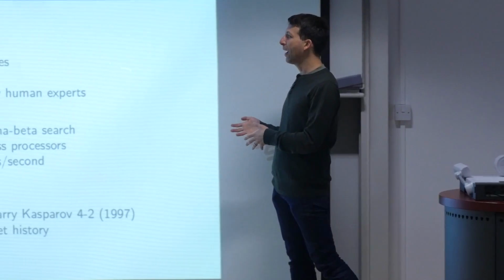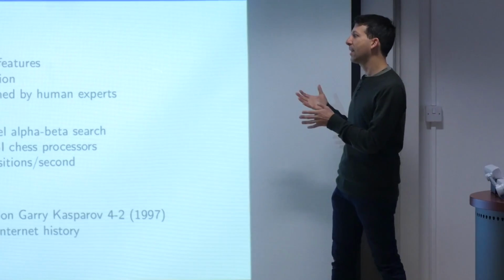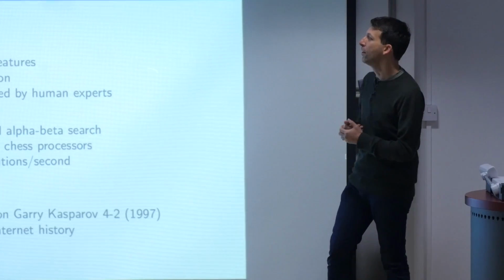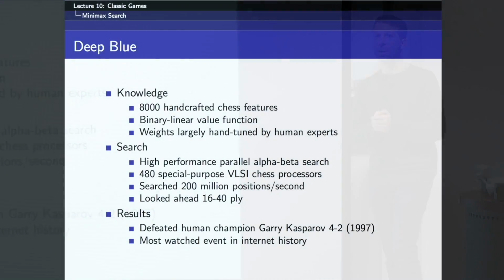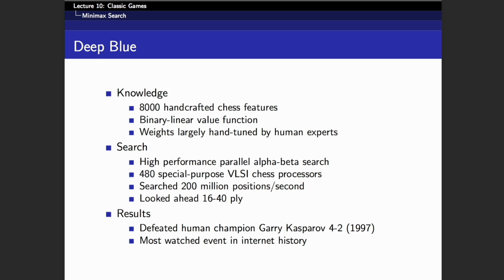So the most famous game-playing program of the last era was Deep Blue. And this was the first program to defeat the world champion at the game of chess. I think it's useful to understand what went into it, because it was exactly what we've talked about so far.